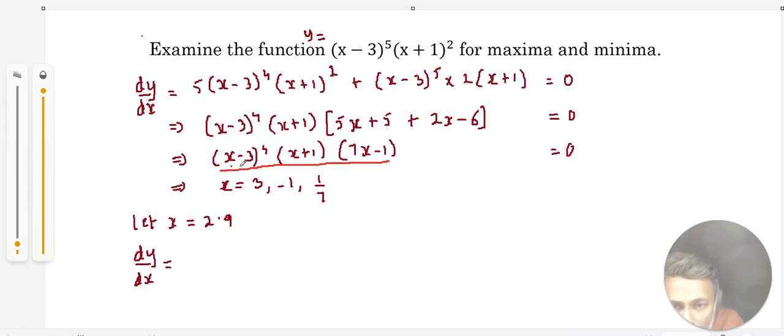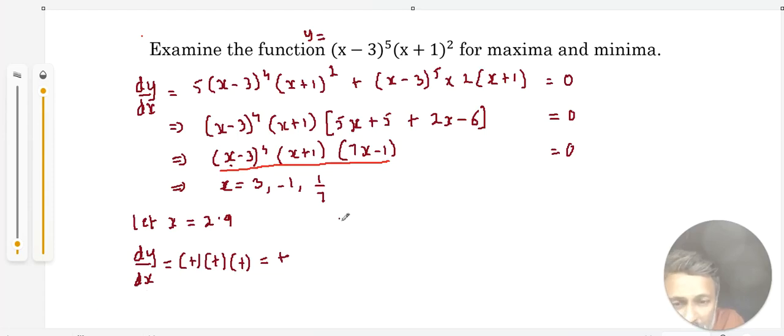So if you put 2.9 minus 3 here, it is a negative number, but raised to 4 means you will get a positive sign. Then 2.9 plus 1 is again a positive value. And 7 into 2.9 minus 1 is also positive. When positives are multiplying, you yield a positive only.